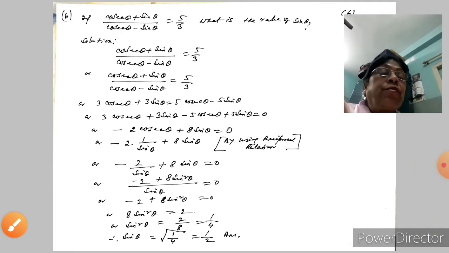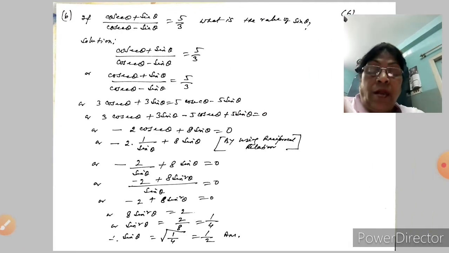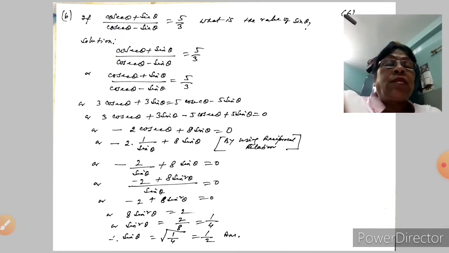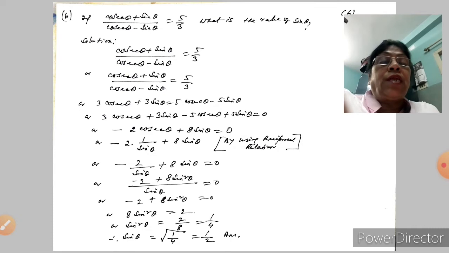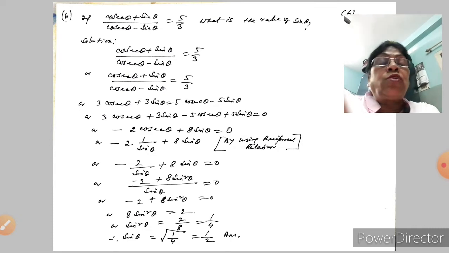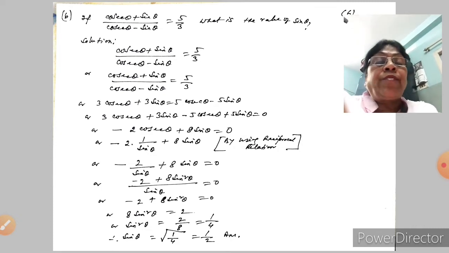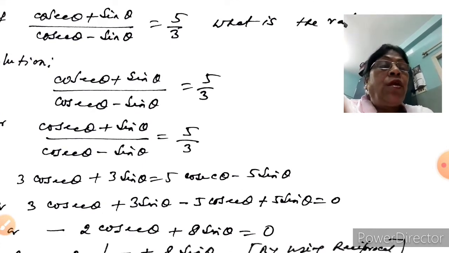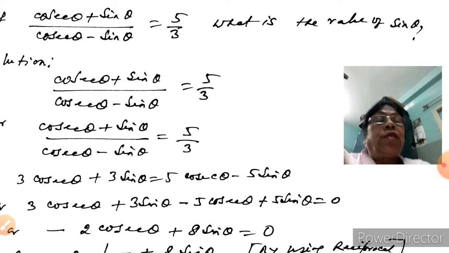Now, question number 6. If (cosec θ + sin θ)/(cosec θ − sin θ) = 5/3, what is the value of sin θ?